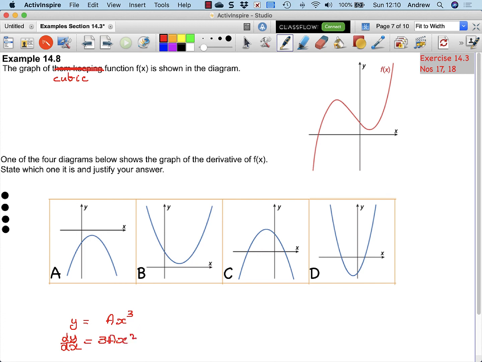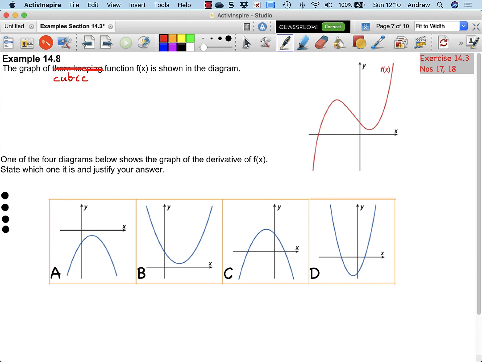You are going to get a quadratic function. So when you differentiate a cubic, you will get a quadratic function.